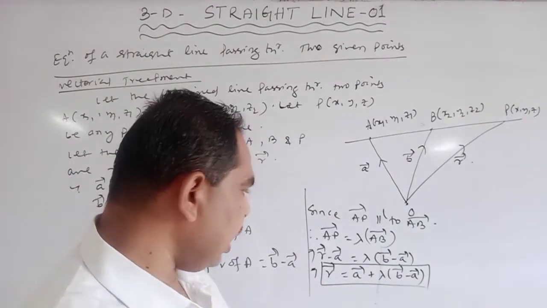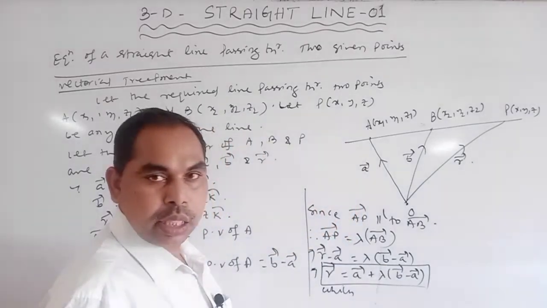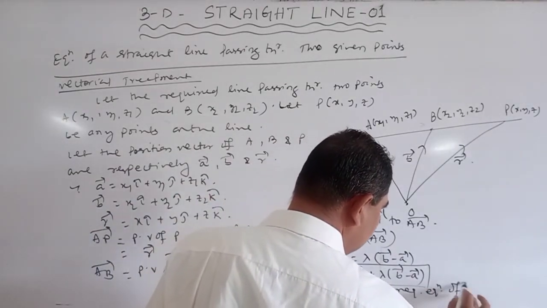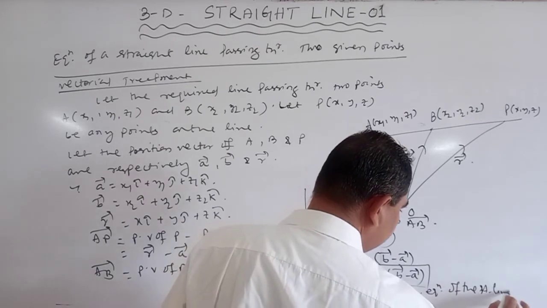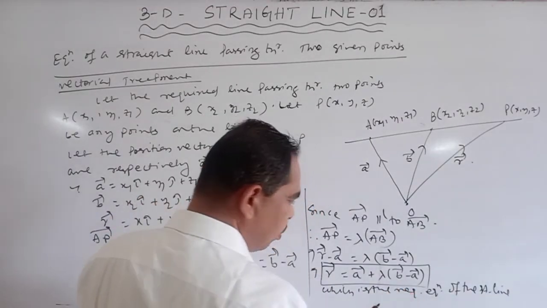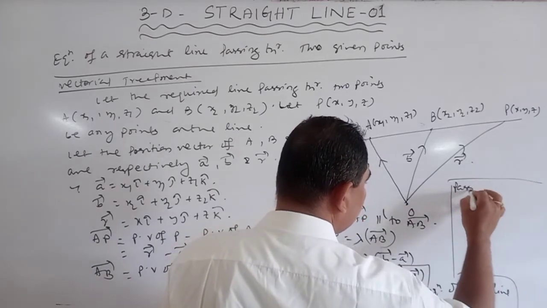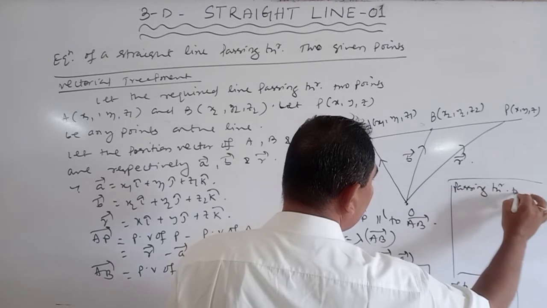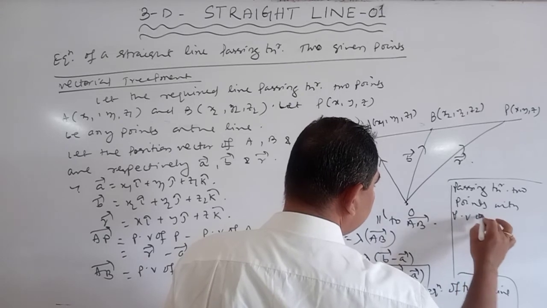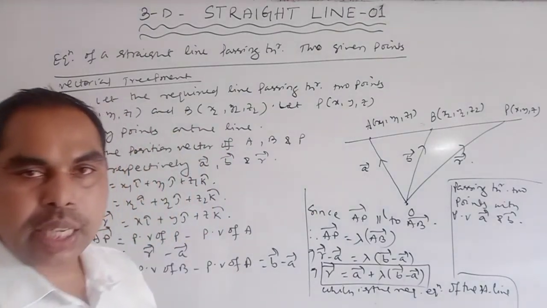So this is the required equation of the straight line passing through 2 points with position vectors A vector and B vector.